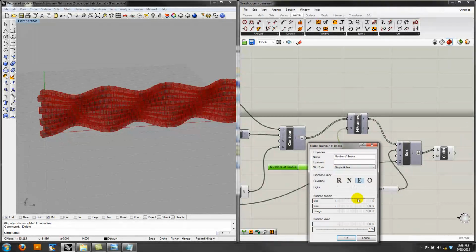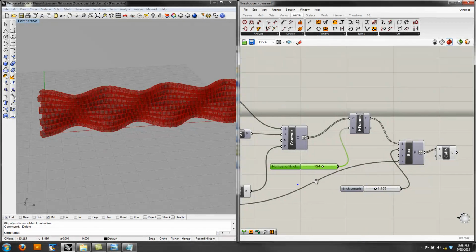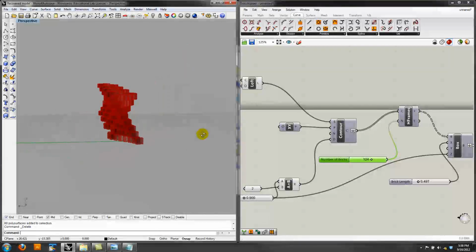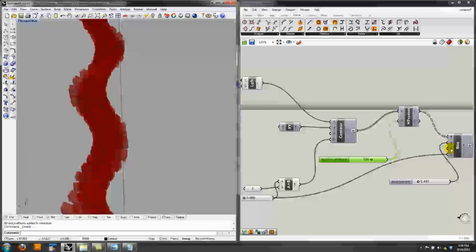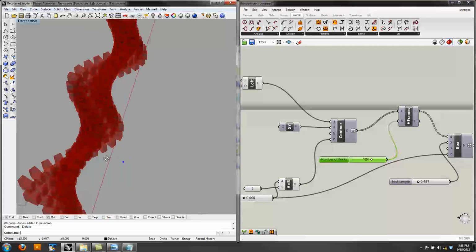Maybe a lot more bricks. And let's play with the size of the brick. I think the proportions are what are off. Let's look at it. Yeah, the box is actually longer in the Y than in the Z, so that's kind of messed up.